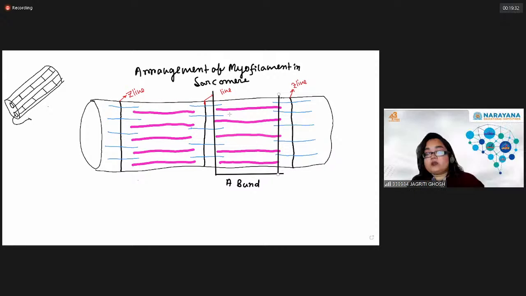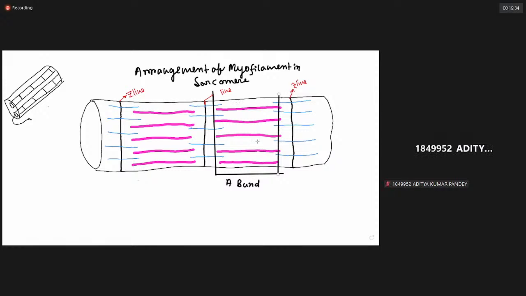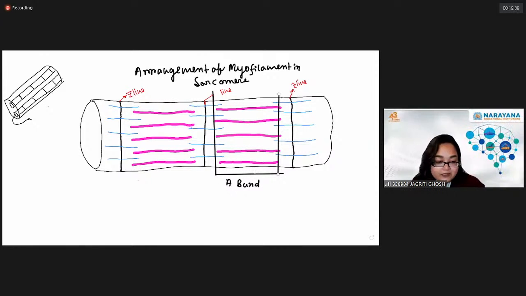Okay. So this portion where the entire thick filament is present is called the A band. Now moving ahead, the portion where only thin filament is present, not the overlapping parts.